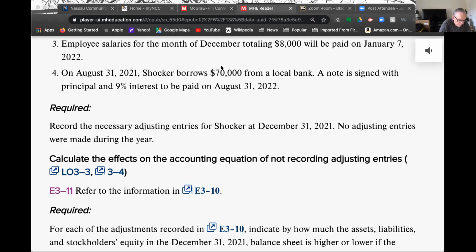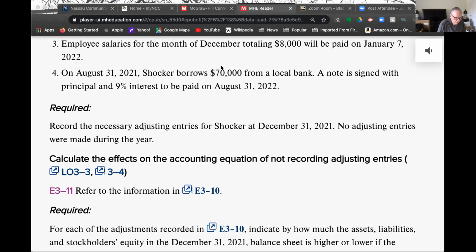So on November 28th, again, I don't know why they threw that date at you. I guess they were trying to see if you would get this down to the number of days, right? You don't have to do it that way. November 28th is close enough to December 1st that you would say it was December 1st. So let's say on December 1st, Shocker received a $4,500 payment from a customer for services to be rendered evenly over the next 3 months.